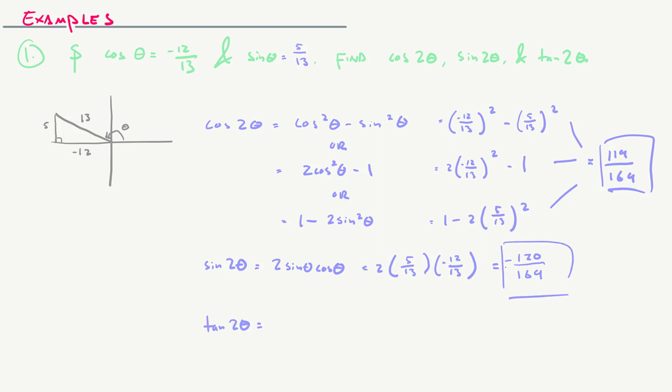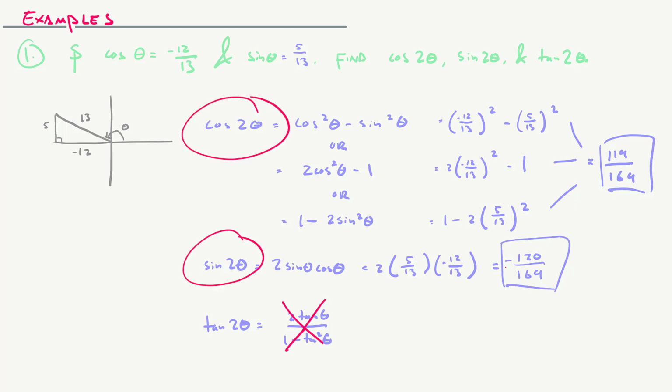Okay, and that finally leaves tangent for us. The tangent of 2 theta you could use the double angle identity for, but I don't really think that you should. I mean, it's up to you. If you want to use the double angle identity, that is your choice to make. For me, though, we've already found the sine of 2 theta and the cosine of 2 theta.